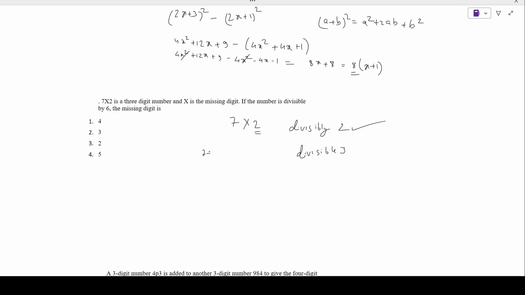So 7 plus x plus 2 is equal to 9 plus x. 9 is already divisible by 3, so x should be a multiple of 3 or 0. Here x could also be 0, but in the options we don't have 0. So the smallest value for x will be 3. Now both conditions, divisibility by 2 and 3, are satisfied, so the number will be divisible by 6. Since the value of x comes out to be 3, the correct option is option number 2.